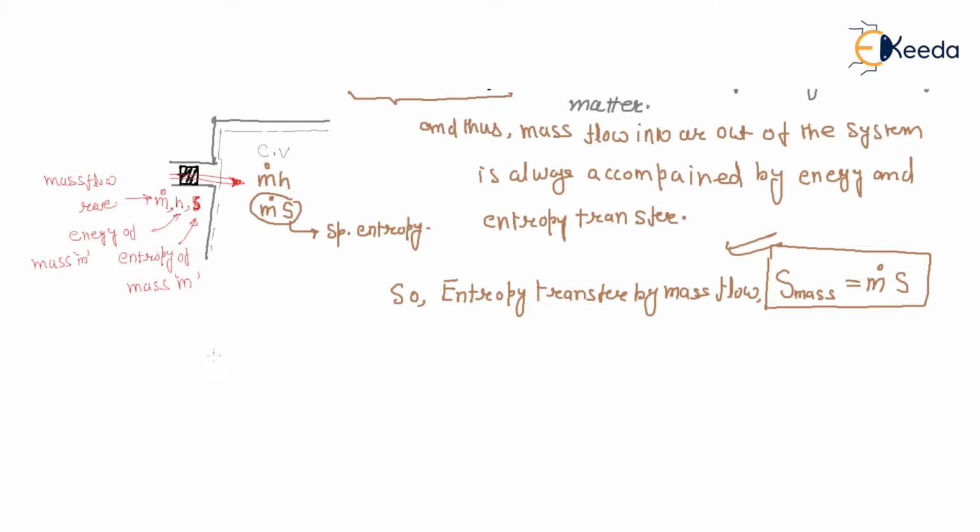So there are two things. Number one, entropy transfer by heat, that is Qk by Tk.